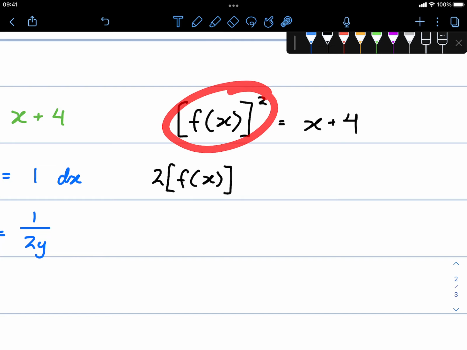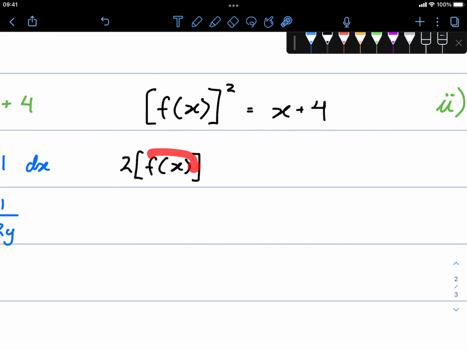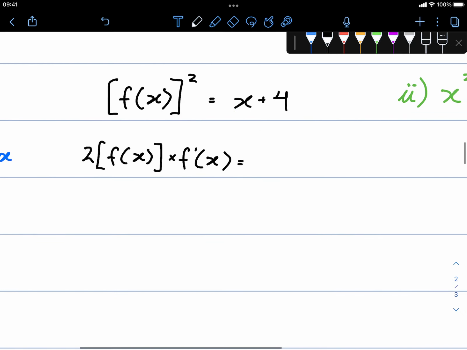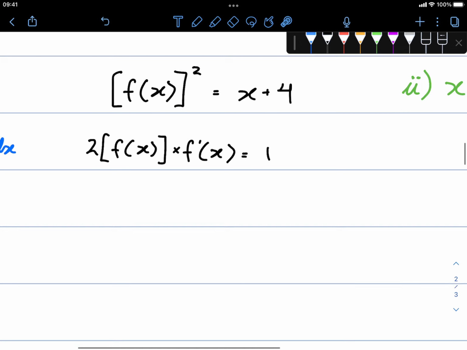So we apply the chain rule to this, but like the chain rule, we need to multiply by the derivative of the inside. The derivative of f of x is f prime of x. And the derivative of the right hand side is just 1. But now remember, f of x we can treat as if it were y, so 2y times the derivative of f of x, which is f prime of x.